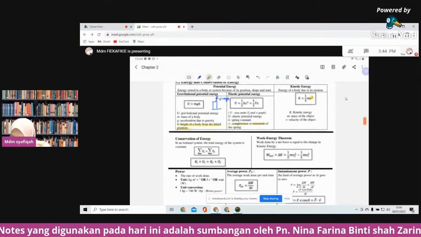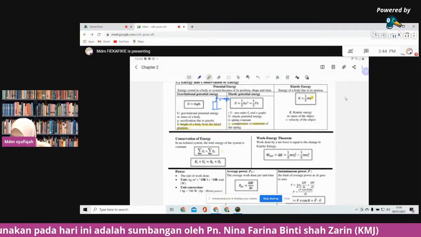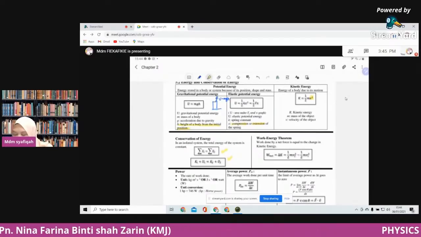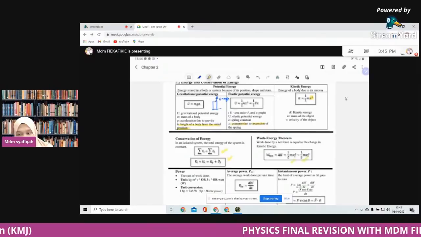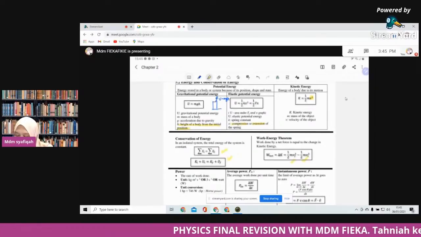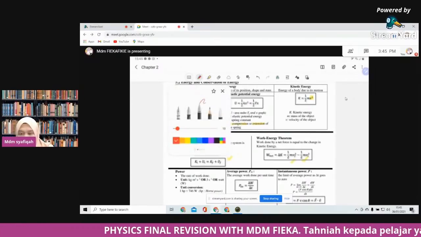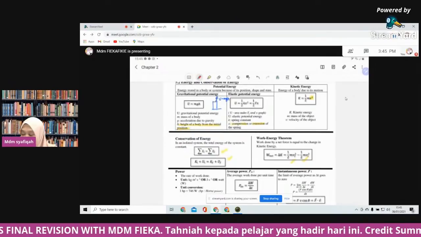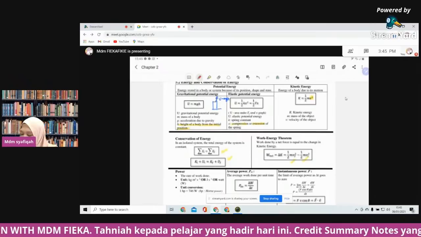Okay, conservation of energy, okay, ini kena tahu. Okay, work energy theorem. Okay, the change of kinetic energy, K final minus K initial. Okay, dan satu lagi, okay, kalau when involve the change of height, so we can calculate the work.